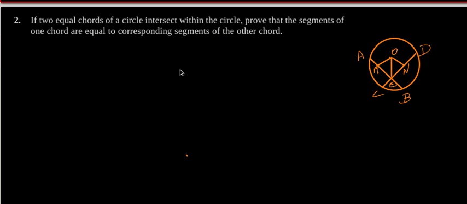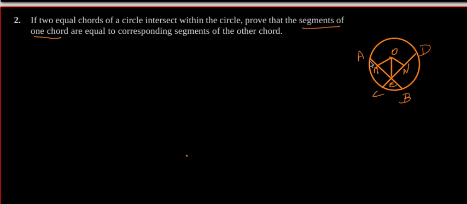Next question. If two equal chords of a circle intersect within the circle, prove that the segments of one chord are equal to the corresponding segments of the other chord. So each and every segment we have to prove that they are equal. Segments of one chord.